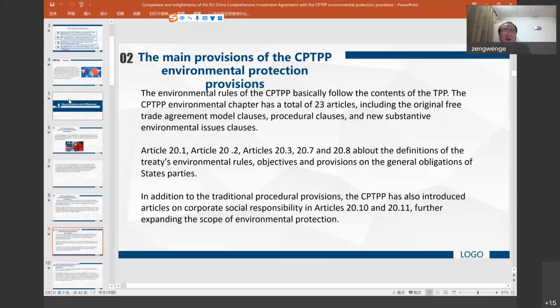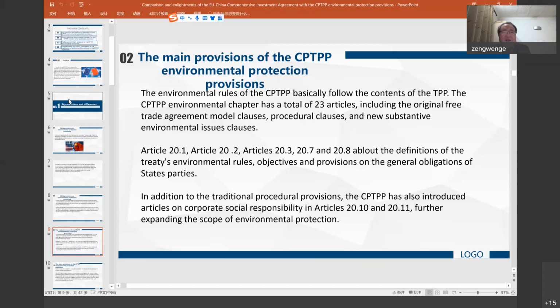Meanwhile, the main provisions of the CPTPP environmental protection are very different from the CAI. The CAI talks about sustainable development in a comprehensive way, but the CPTPP has specific articles about the environment.